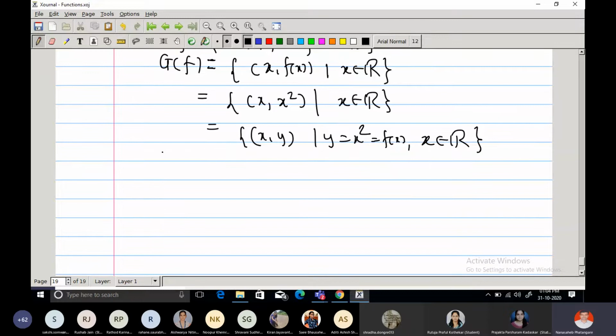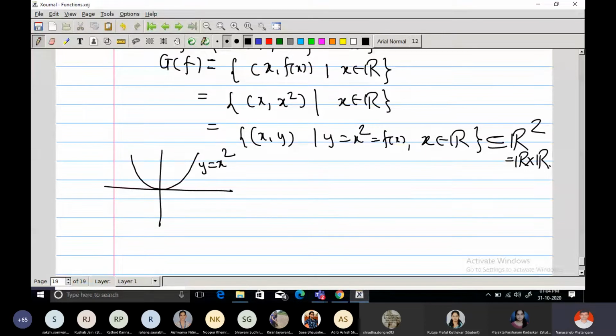And if you try to plot those points in R2, clearly this is a subset of R2. R2 means R cross R. So if I plot such points, what I will get is this, right? We generally say that this is y is equal to x square, but basically it is a set.